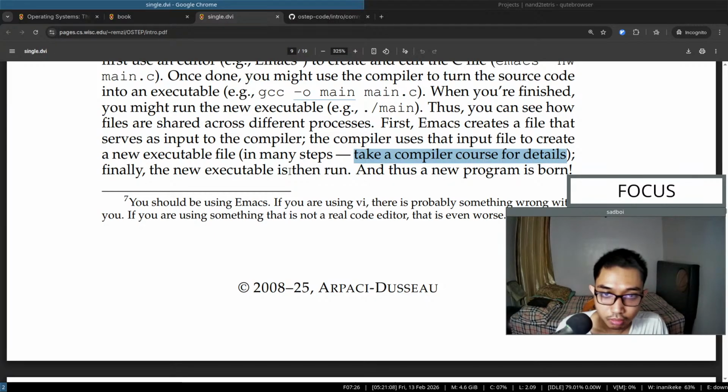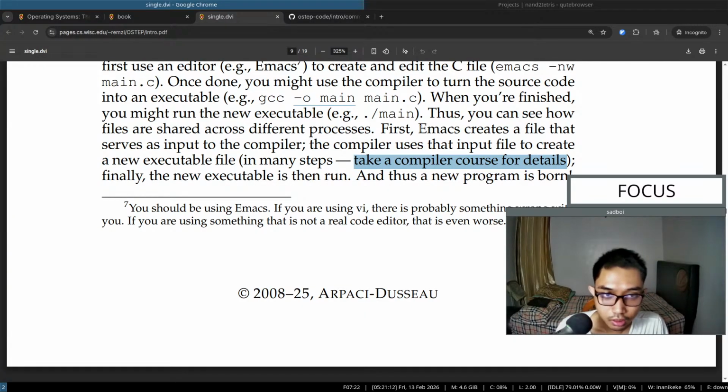Finally, the new executable is then run.